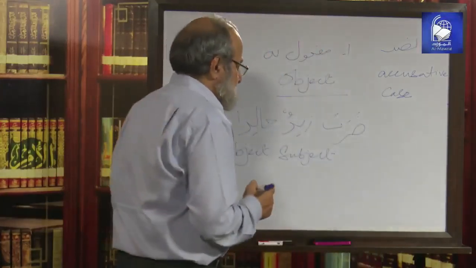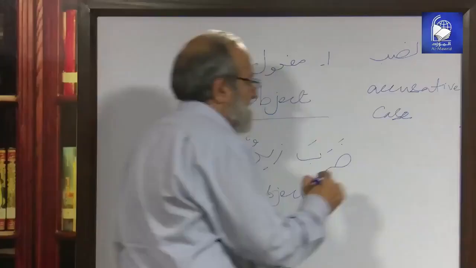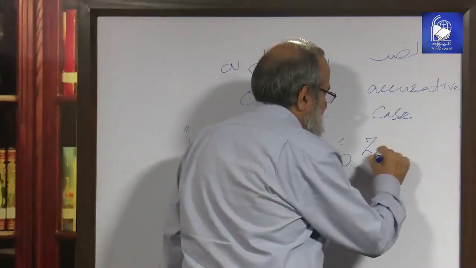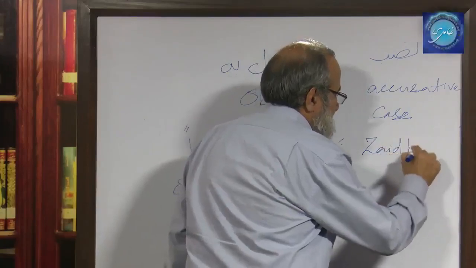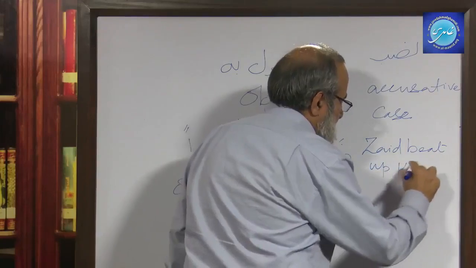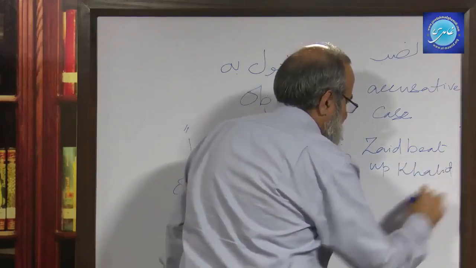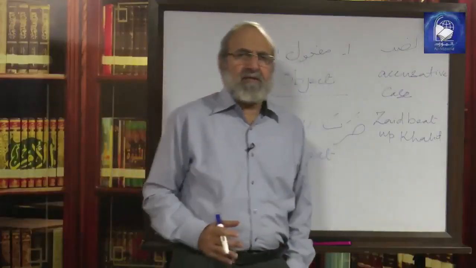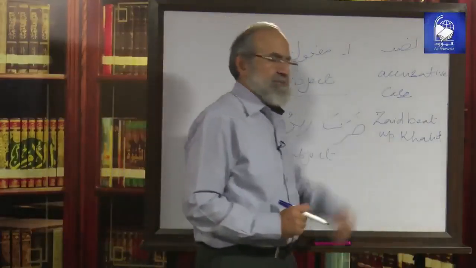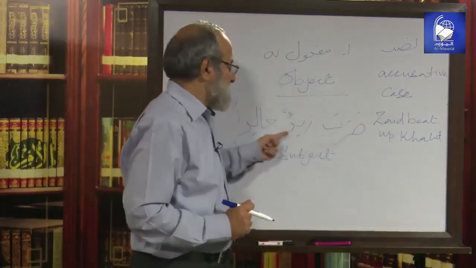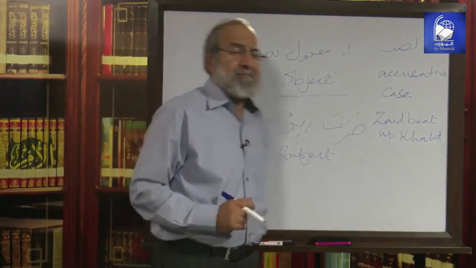So, for example, you say that Zaid beat up Khalid, which is what we have done here. Zaid is the subject and Khalid is the object, and beat up is the verb. In Arabic, Daraba, beat up, Zaidun Zaid, Khalidan Khalid.